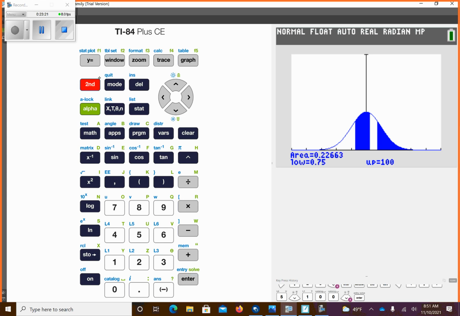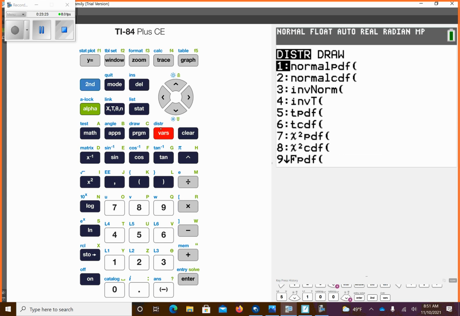You find that normal CDF under second, distribute. You could try and draw it, or you can just do number 2 on it. Lower bound, upper bound, mean of 0, standard deviation of 1. And so that's doing normal distribution.